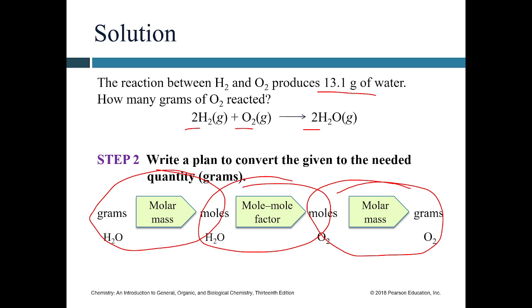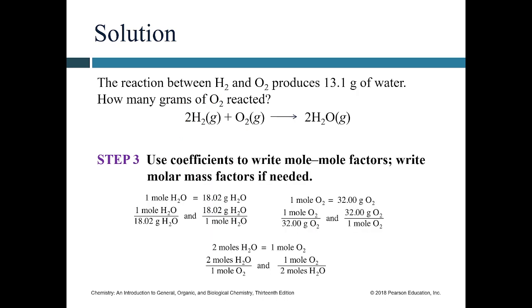That is going to be the molar mass again, right? Now we're going to use things for H2O, and we're going to use things for O2. The one we don't actually care about is the H2. That one is not actually useful for this problem.